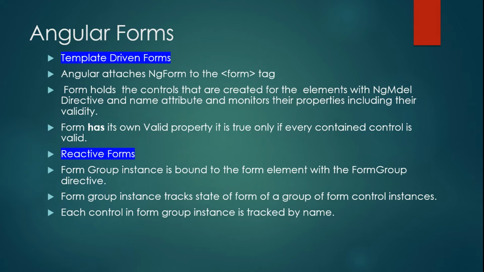While defining the form control in the form group, we define it with the name as the key and the FormControl instance as the value. In the FormControl instance, we define validator functions, and the FormControl instance returns the validity of that data, which we track by the name provided while defining the FormControl instance.